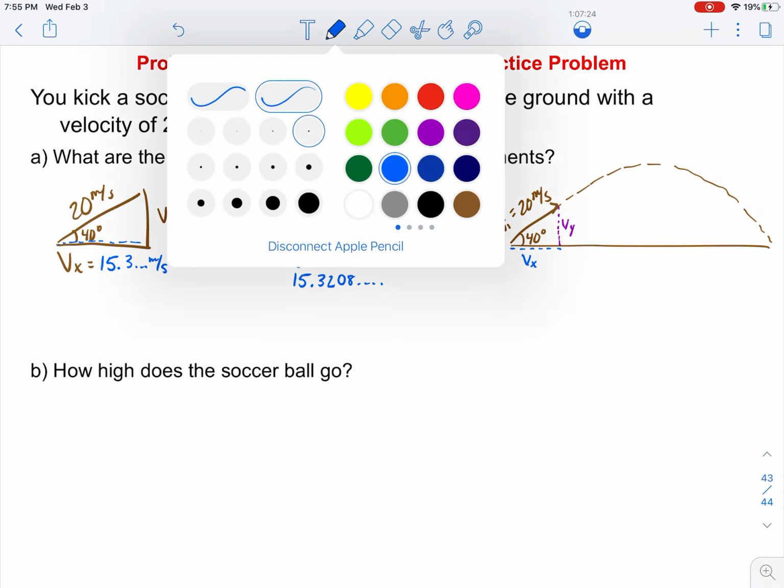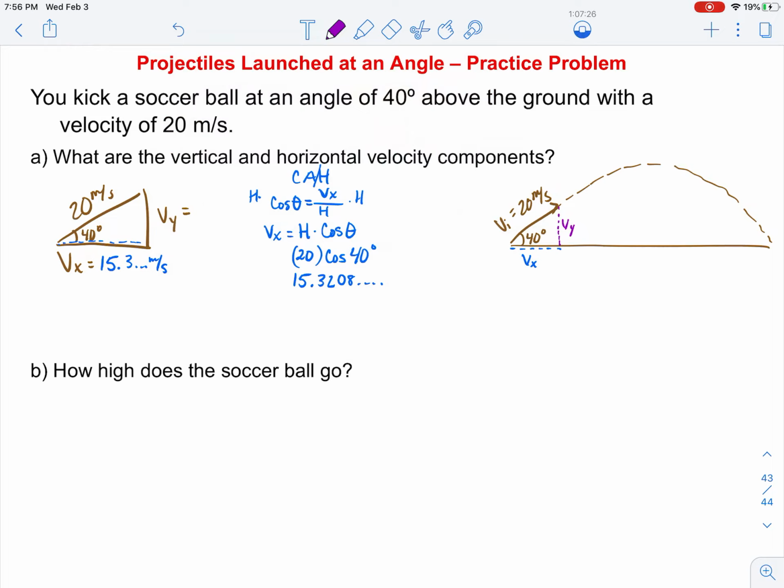In the vertical direction, we are looking at the side that is opposite the known angle. So that's going to be the SO acronym. Sine of theta is equal to the opposite side, which is my velocity in the vertical direction, over my hypotenuse.